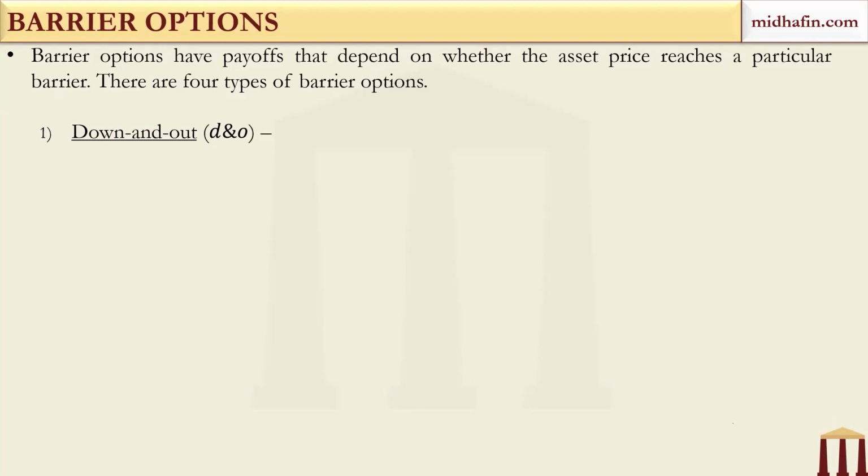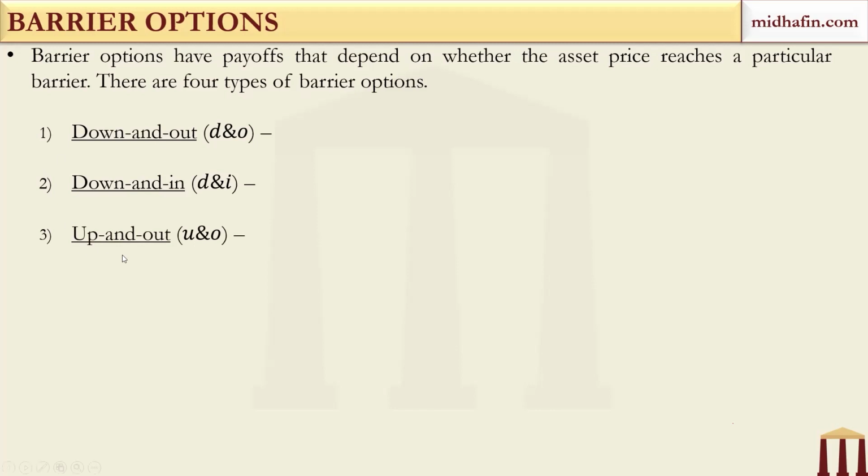The option expires automatically, because down and out means it goes down and it goes out. Down and in: if it touches 45 or goes below 45, then the option comes into existence, or in other words, the option can actually be exercised. Even if it has touched the barrier and then bounces back, no problem, it touched the barrier at least.